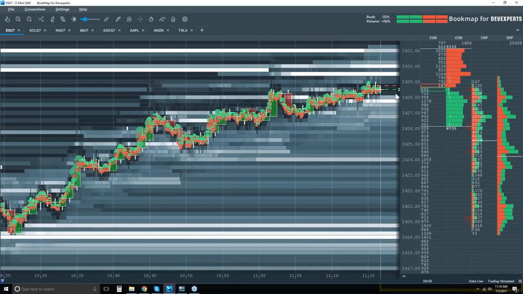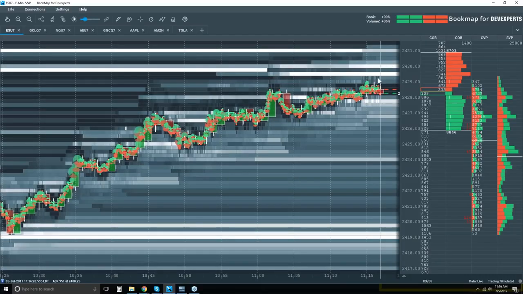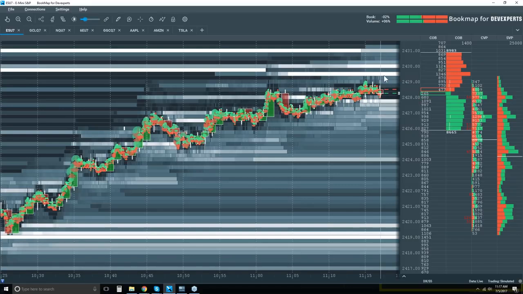This window here gives a graphical representation of the liquidity in that limit order book. Right here, we can see 1,347 contracts, and that area is painted bright white in the current order book window. So we know right away there's very high liquidity on the offer. It's just a graphical representation of that limit order book.